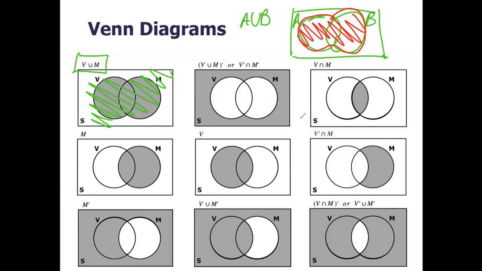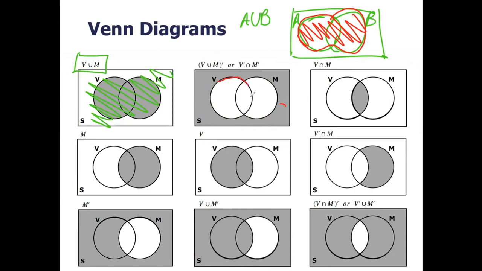Same with the others. You can see here, for instance, the not rule. The not means everything outside of it. And they're talking about not V or M. Then obviously this is V or M, so that means everything outside of it. Another way to express this is by saying not V and not M. What does that mean?